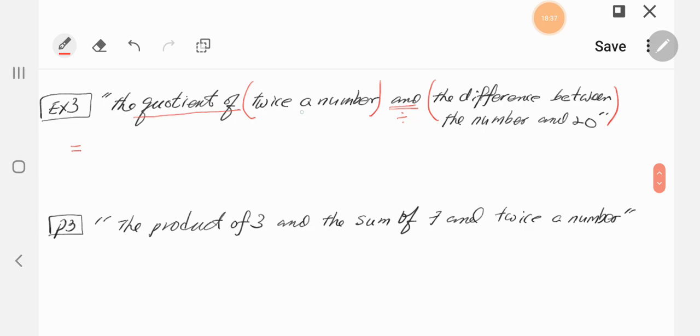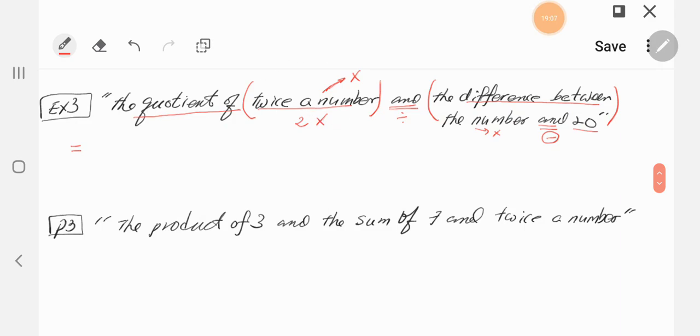Twice the number means, okay, a number we don't know, so make it a variable x. So twice a number means 2x, right? 2x. And the second expression is the difference between, and difference between means subtract. So we have a number, this number is x, and this "and" will be replaced by minus, right? Minus 20.